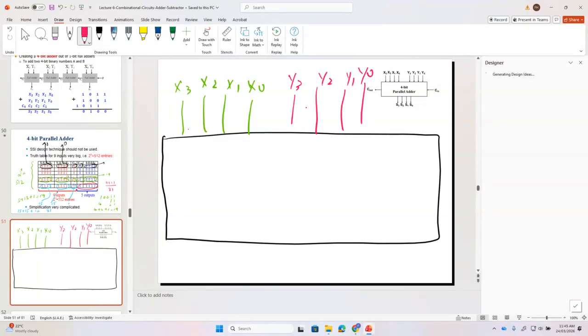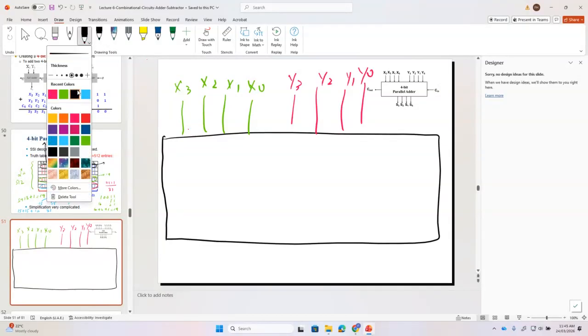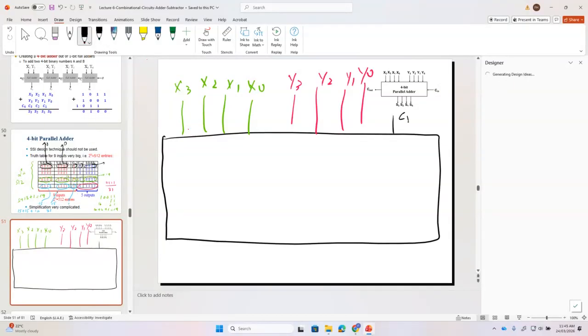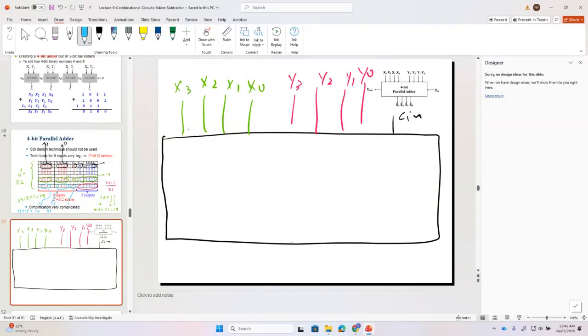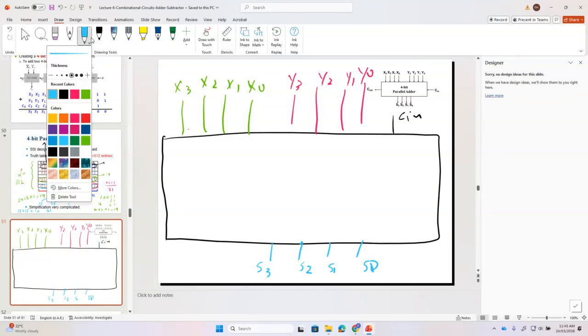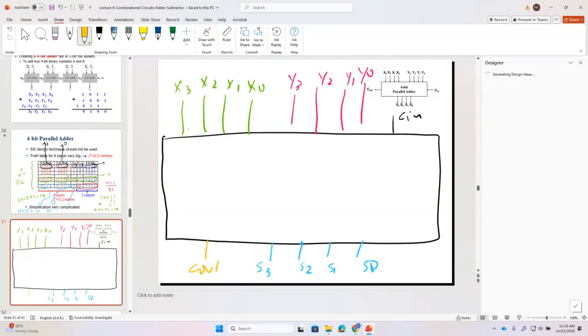Now we have C in, and I'm using the black color for C in. Now I'm using the blue color for the output S. So this is S3, S2, S1, and S0. And now we have another output. I will call it with this color. So this is my C out. Any question?